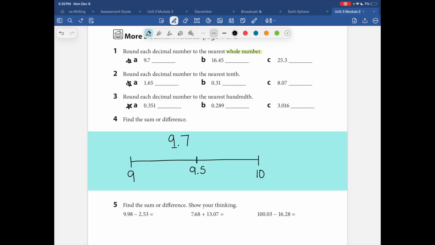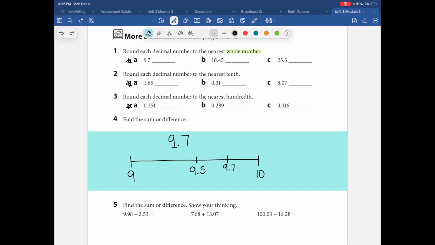So step 2, getting that halfway point. So then what I need to do is place 9 7/10 on this number line. And I'm going to use the halfway mark to help me. So 9.5 is in the middle, and I have 9.7, I know that 7 is greater than 5, so I'm going to be closer to this side, about right there. Okay, and then I would have like 9.8, 9.9, and then there's 10.